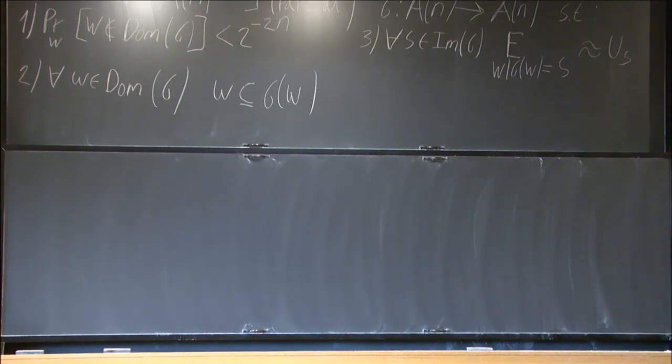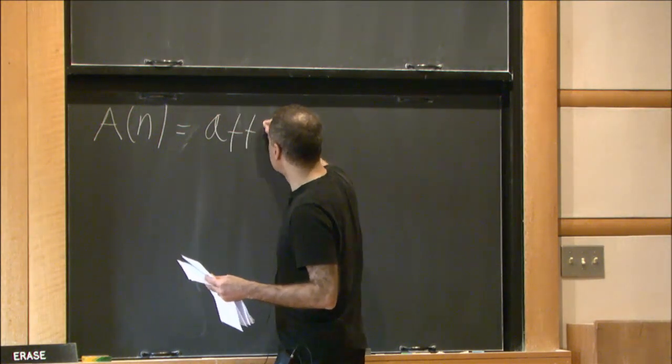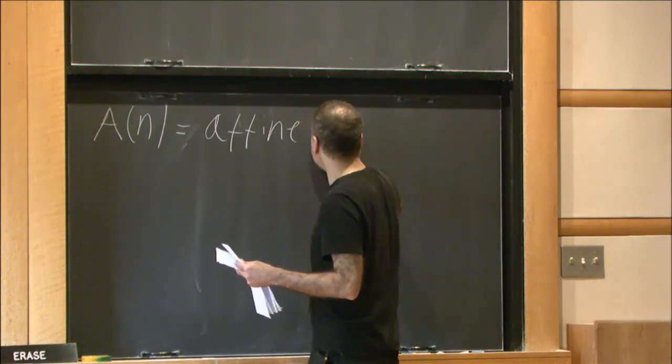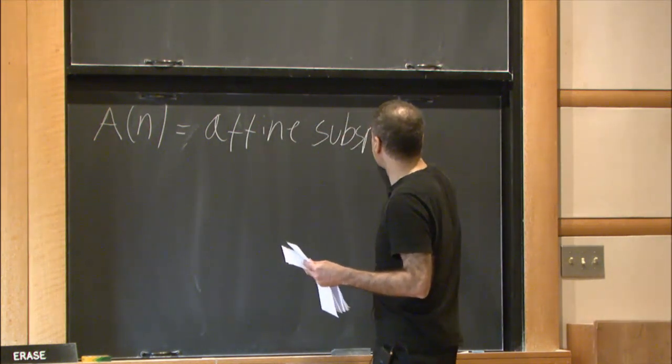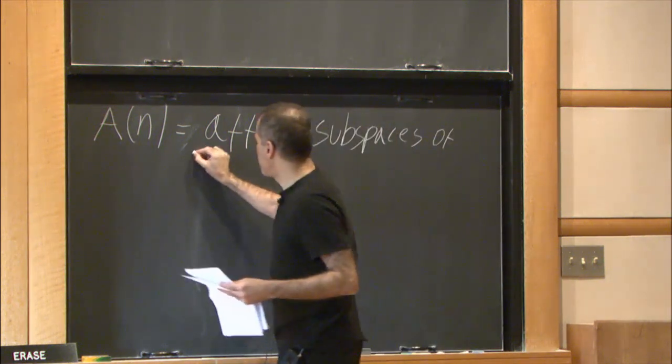First I want to introduce some notations. Maybe I will write it here. By A_n, I'm going to denote the set of all affine subspaces of {0,1}^n.